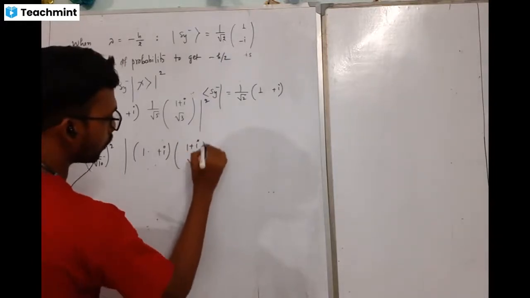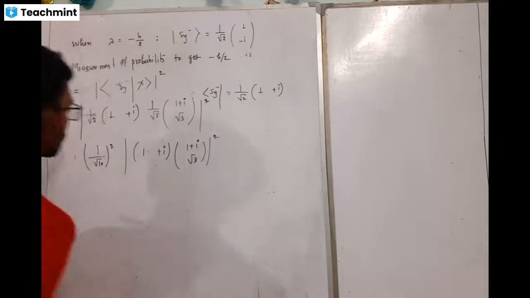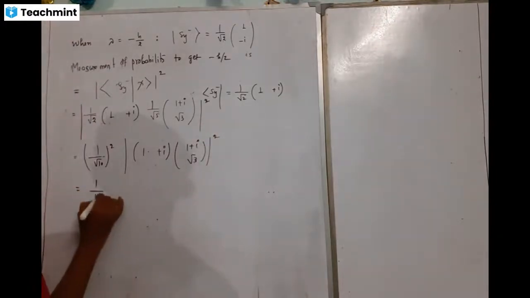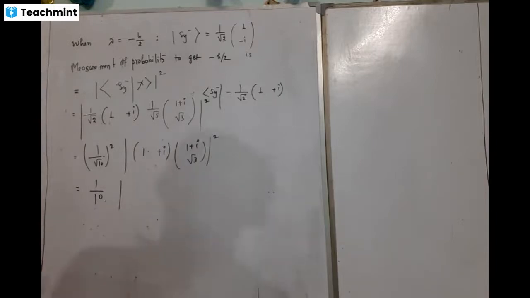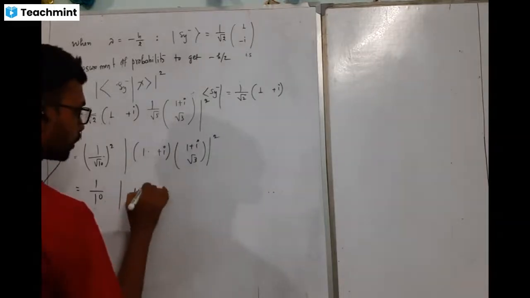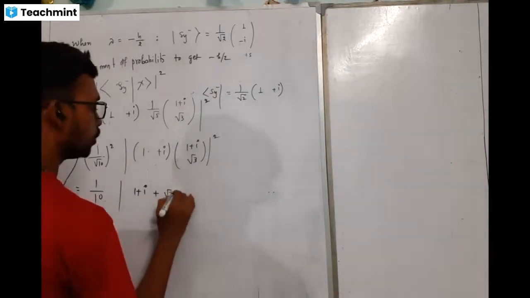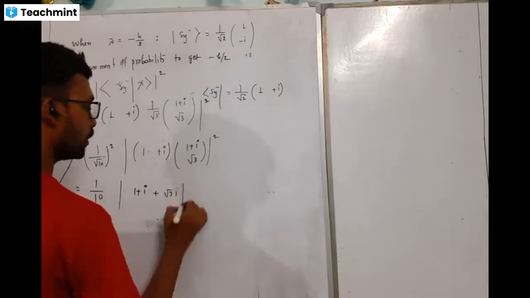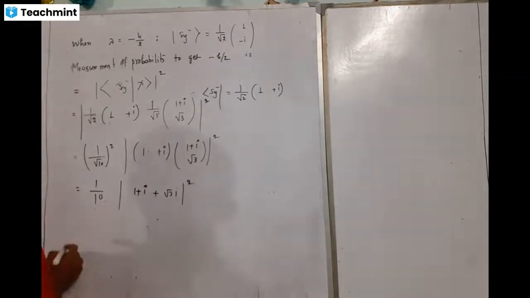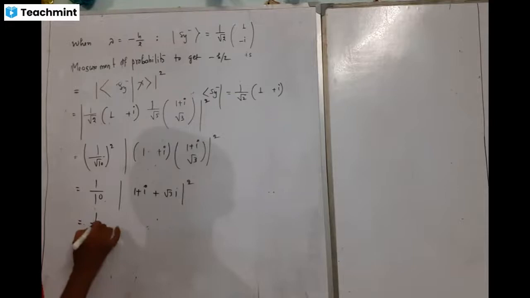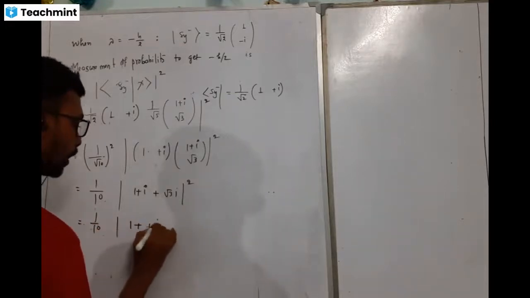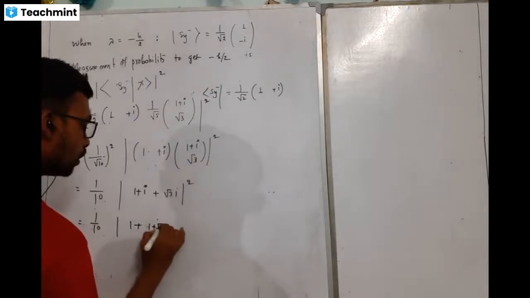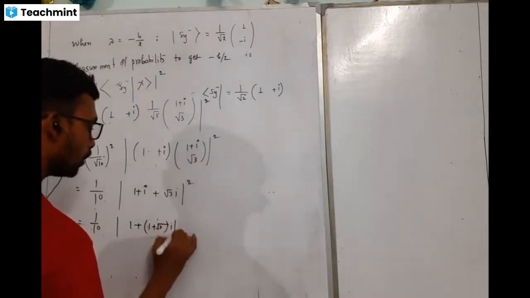It is equal to 1 upon 10, and multiplying these two matrices gives 1 plus i plus root 3 i, mod square. That is 1 upon 10 mod of 1 plus root 3 plus (1 plus root 3) i, mod square.